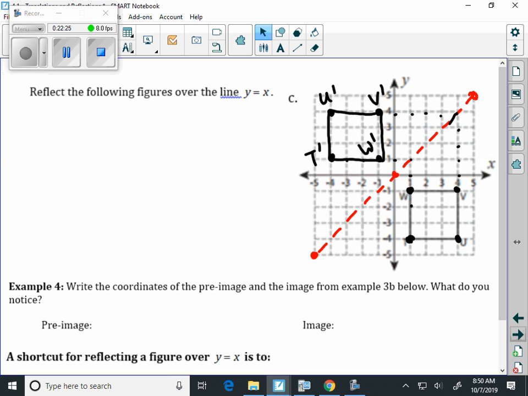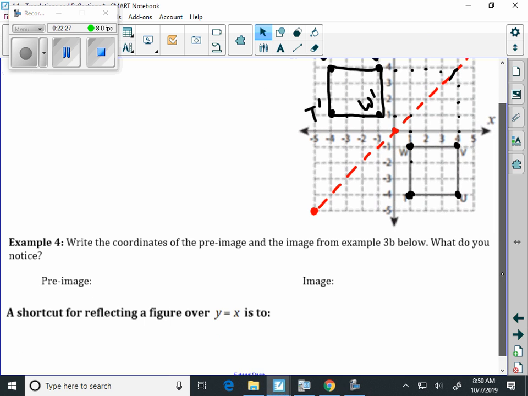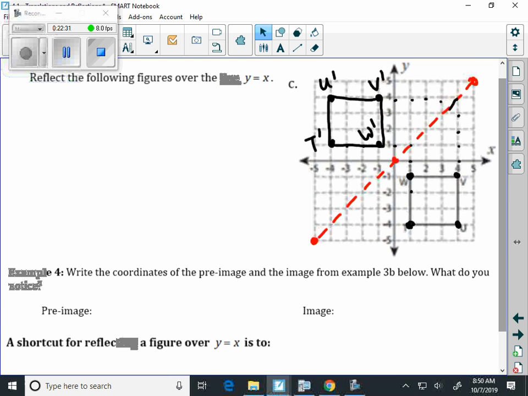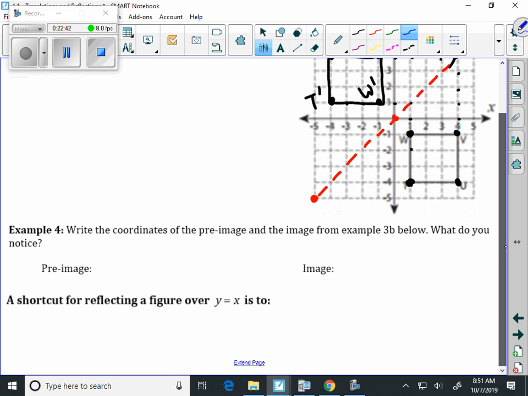The example says to write the coordinates of the pre-image and the image. I wish I wouldn't have written in black, but oh well. If we look at our original, the pre-image, which is down here and to the right, the ordered pairs are: W is 1, negative 1.